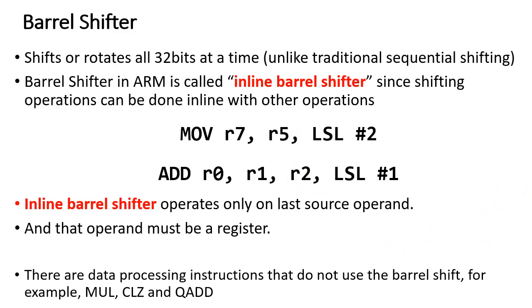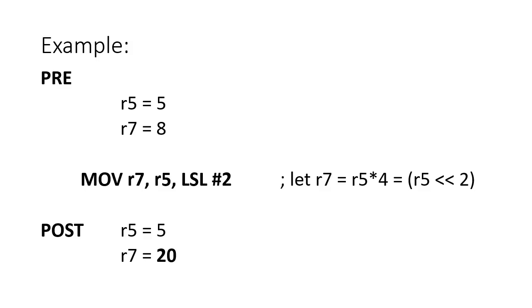It must be a register. Also, there are some instructions which do not allow a programmer to use the barrel shifter in line with that instruction, like the multiplication instruction, CLZ, QADD. These instructions do not allow the barrel shifter to be in line with them.